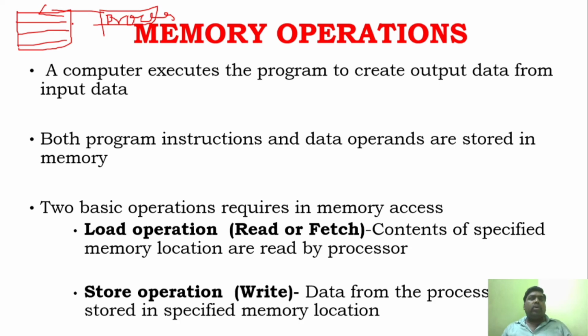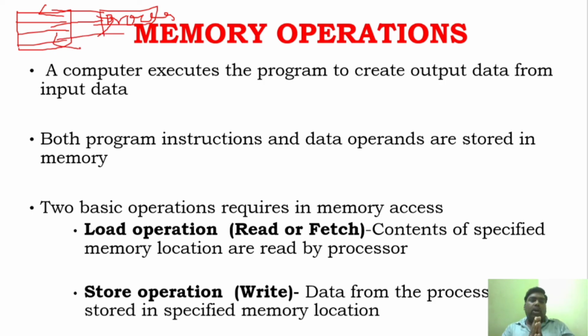So the instructions are first fetched from the memory to the processor, and then the processor performs the operation. Whenever the processor needs any particular data, once again it will go and ask the memory.